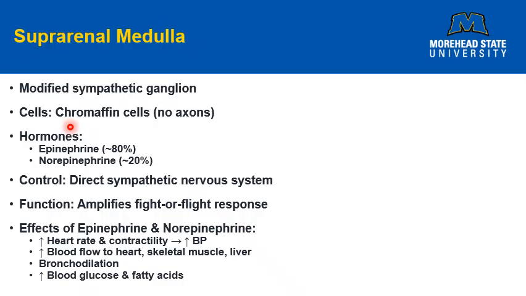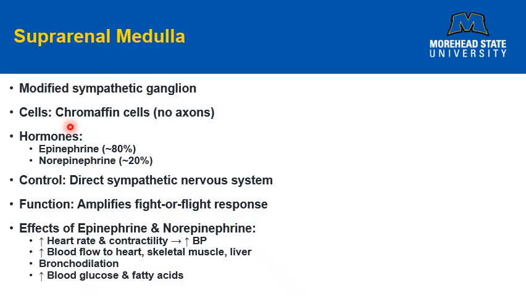The hormones that come from this are mostly epinephrine or norepinephrine, but epinephrine is the most. And as I said, getting into the nervous side of things, its actual control is directed by the sympathetic nervous system. That's what controls the expression or non-expression of the hormones.